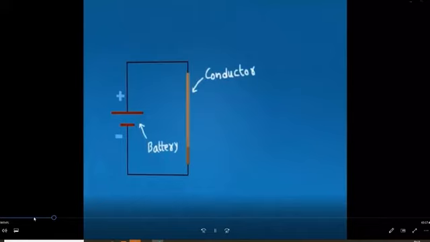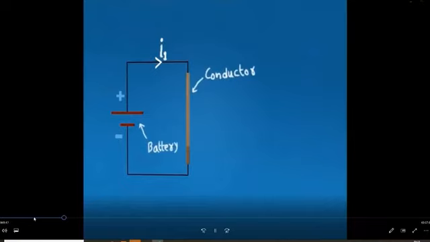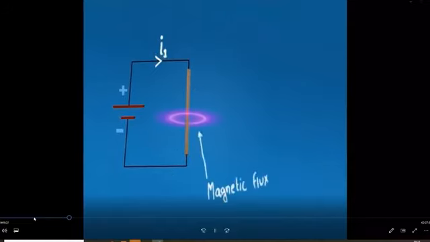Working of a transformer can be understood by taking a simple example of a small piece of wire carrying current when it is connected to a battery. As a result, a magnetic flux gets set up around the conductor.